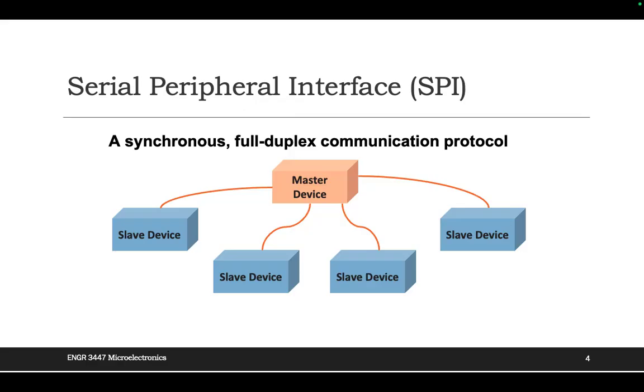For this protocol, we usually have a master device and several slave devices. Synchronous means the clock gives the master and the slave a working pace, and both work at the same time.